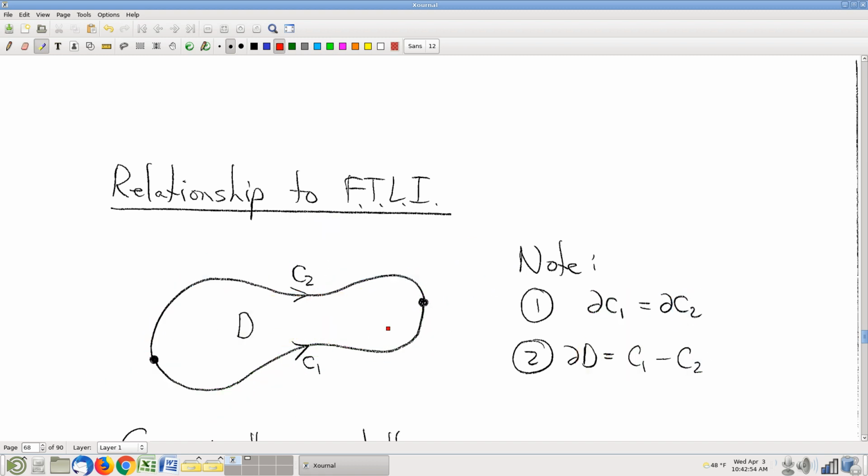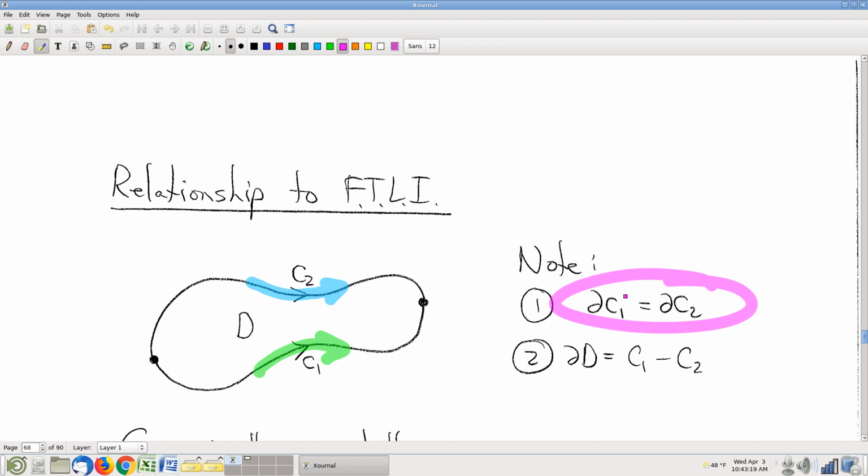One of the weird things about this particular situation is that it leads to some language problems in terms of talking about these orientations on C1 and C2. Let's ask the question, just for rhetorical purposes: are C1 and C2 oriented the same way, or are they oriented opposite ways? From this point of view, they start at the same point and end at the same point.